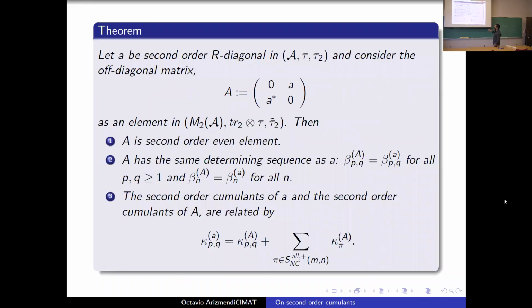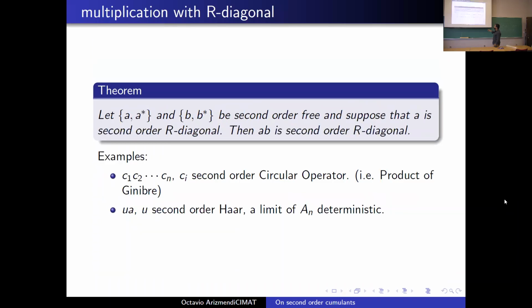Okay, we can actually relate them. So the first theorem is that if I have two R-diagonal elements of second order, the product is also R-diagonal of second order.